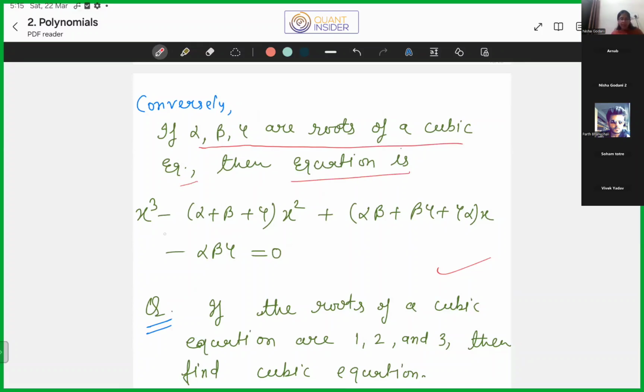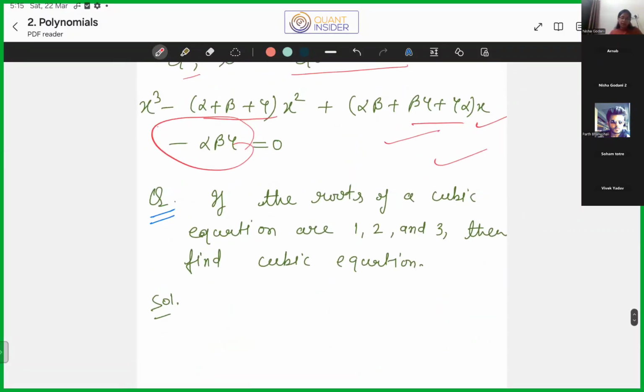The formula is x cube minus the sum of the roots (alpha plus beta plus gamma) x square, plus the sum of the products taken two at a time (alpha beta plus beta gamma plus gamma alpha) x, then minus alpha beta gamma equal to 0. So by using this, you can form the equation if you know these terms or you know alpha, beta, gamma.